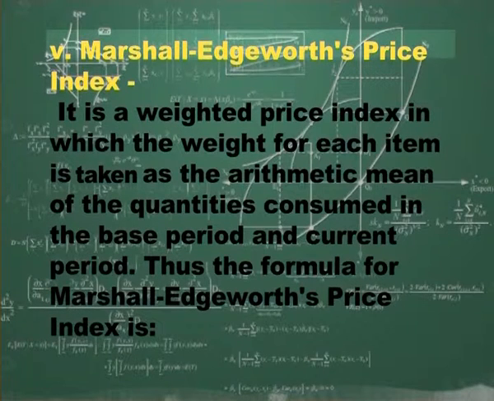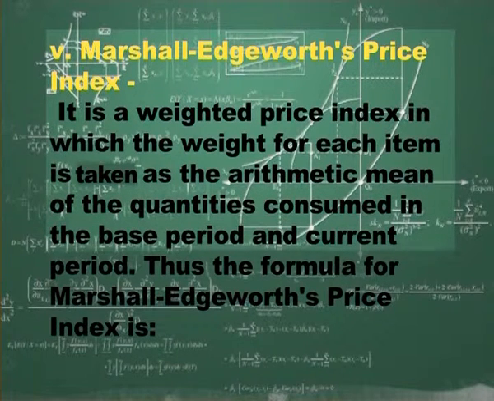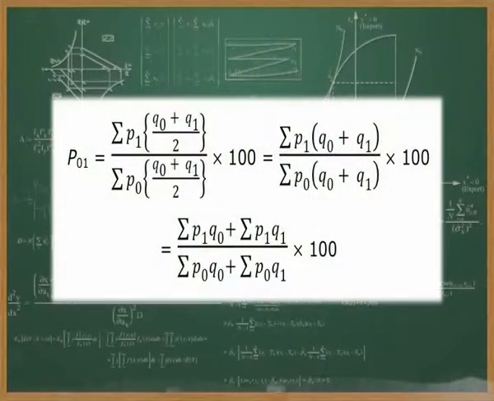Let's see the fifth one, that is Marshall-Edgeworth's price index. It is a weighted price index in which the weight for each item is taken as the arithmetic mean of the quantities consumed in the base period and the current period. Thus, the formula for Marshall-Edgeworth's price index is P01 equals sigma P1 times Q0 plus Q1 by 2, divided by sigma P0 times Q0 plus Q1 by 2, multiplied by 100.